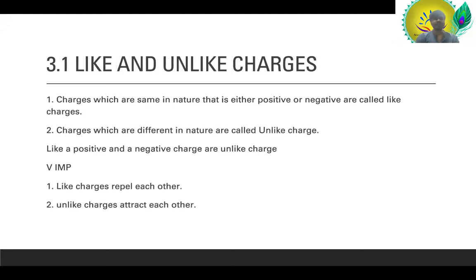Now coming back, what are like and unlike charges? The charges which are the same in nature, that is either positive or negative, are called like charges. Nature, as we studied now, is the kind of charge: positive, negative, or neutral.